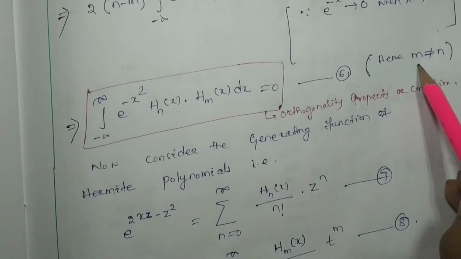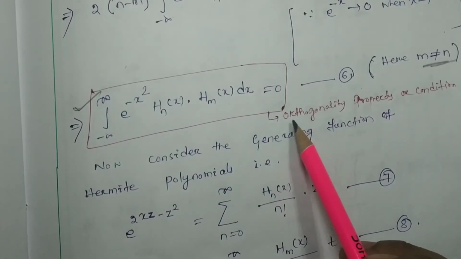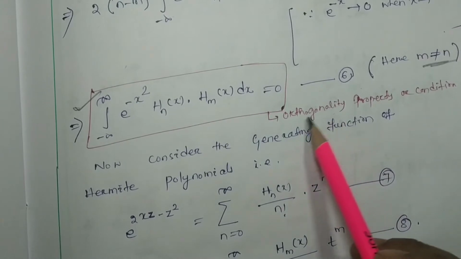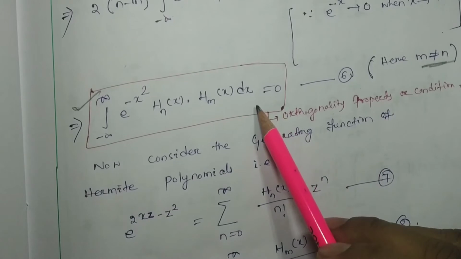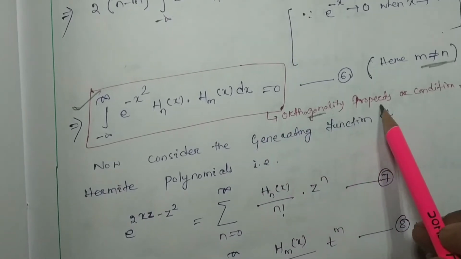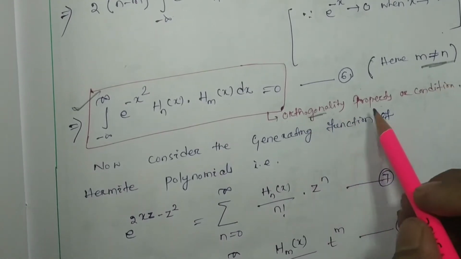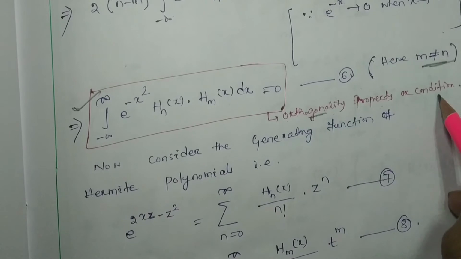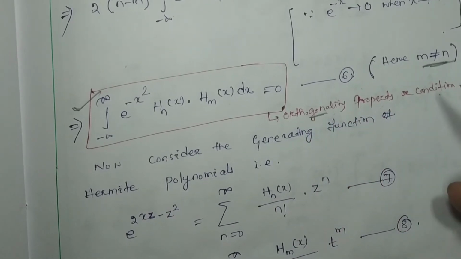So here m is not equal to n. This condition is nothing but what is called orthogonality. Remember, when m is not equal to n, that is called the orthogonality property, or orthogonality condition, or orthogonal relation, whatever you can say.